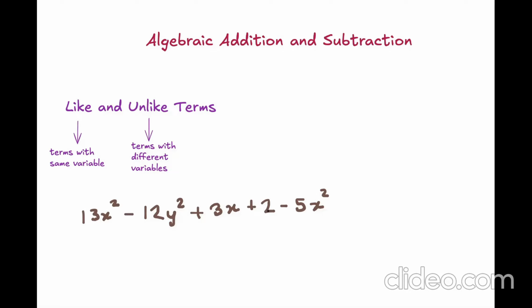Now, for example, let's look at this question. You have x squared as one of the variables, y squared, x, and x squared. Let's arrange it so we can write the like terms together. The one with the same variable I see is 13x squared and 5x squared.